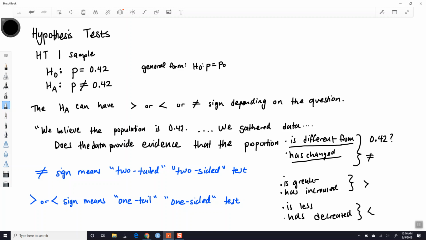And so when we talk about p-values, maybe it's helpful to review what exactly a p-value is. We're talking hypothesis tests.